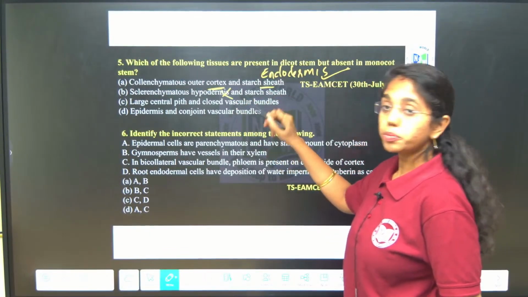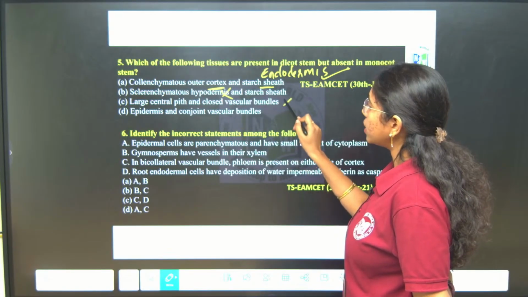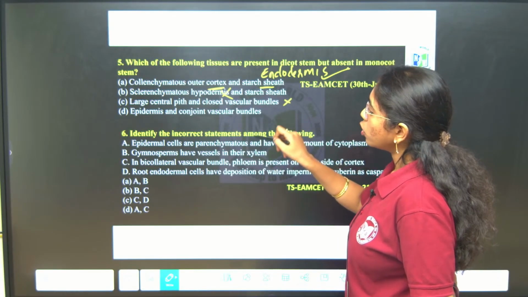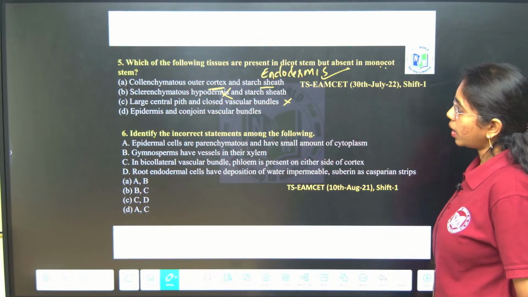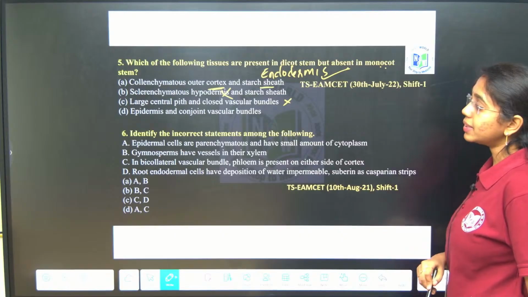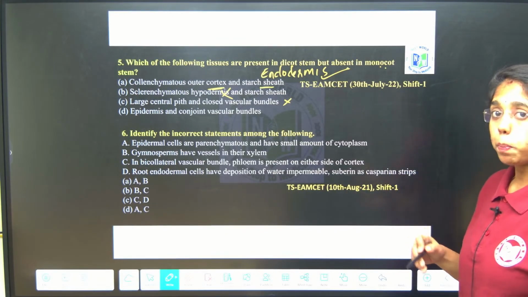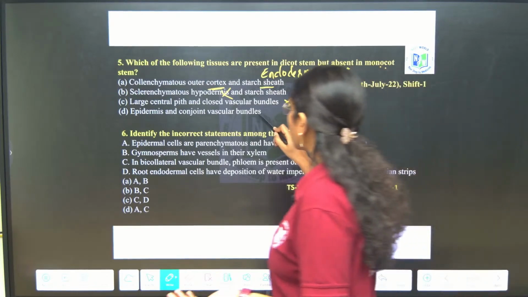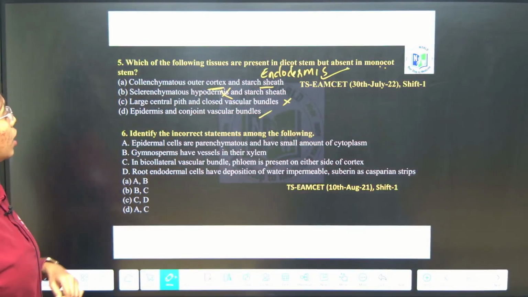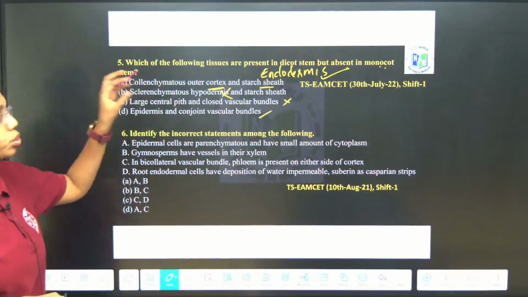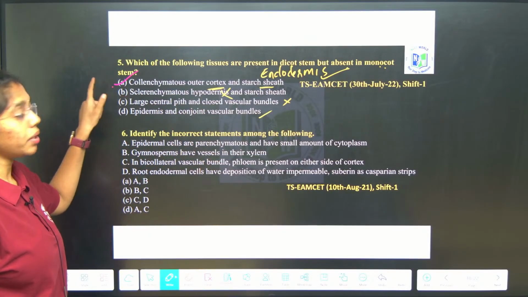Sclerenchymatous hypodermis is present in monocot stem. Large central pith and closed vascular bundles in monocot. Epidermis and conjoint vascular bundles, in both monocot and dicot you will see them. He did not mention whether it is open type or closed type, but conjoint you can observe in both the dicot and monocot stem, right ma. So here the option which is suitable only for dicot stem but not monocot stem is option 1.